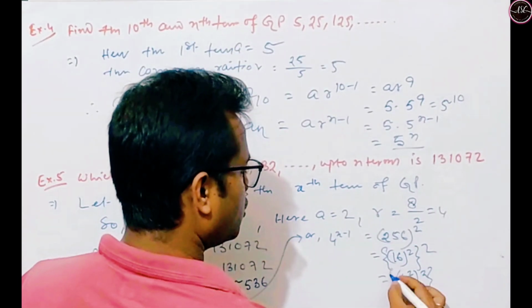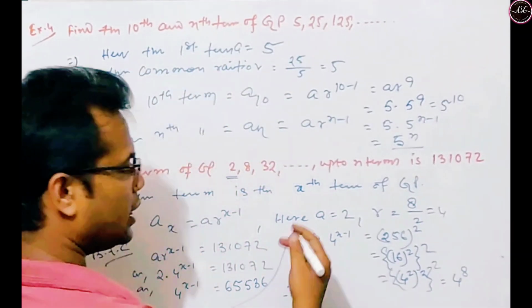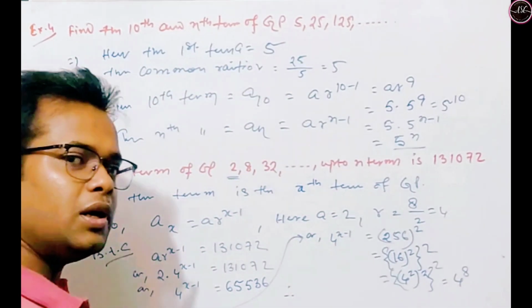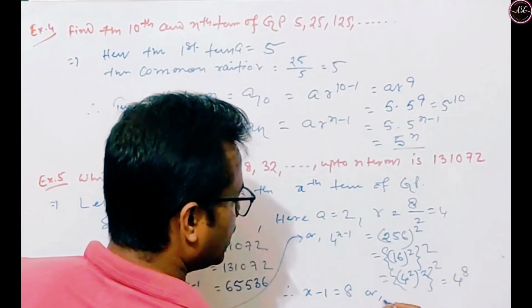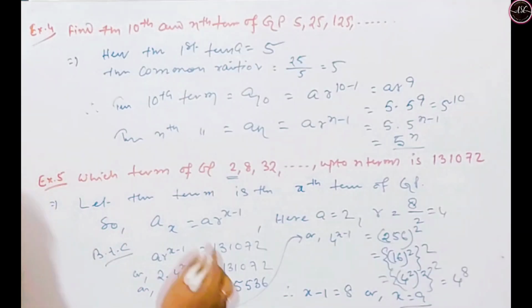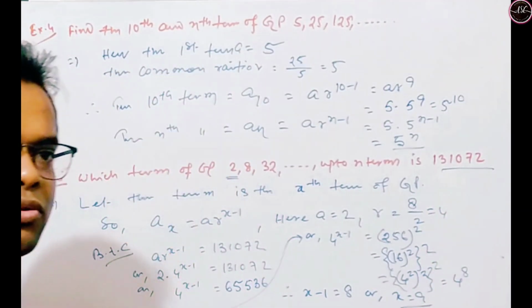So this is 4 to the power 8. Therefore we can equate the index: x minus 1 equal to 8, or x equal to 9. So that will be the 9th term, whose value is 131072.